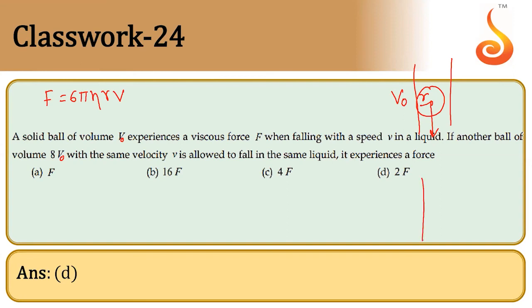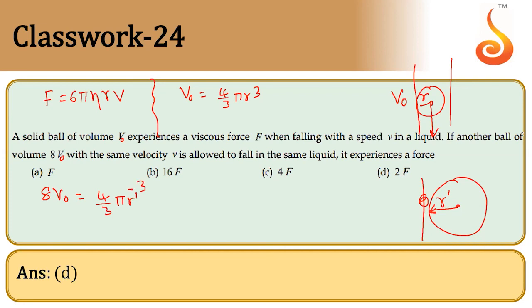Suppose we have another solid object moving in the same viscous liquid, the radius is r dash and the volume is 8 V naught. For the first object, volume is equal to 4 by 3 pi r cube. For the second object, 8 V naught is equal to 4 by 3 pi r dash cube. So 8 into 4 by 3 pi r cube is equal to 4 by 3 pi r dash cube. This will be cancelled and you will get r dash is equal to 2r.